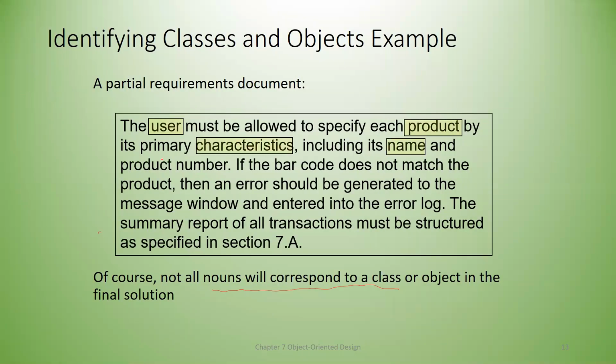Okay, I will let you tell me what should be a class. Let me ask you, think about user. Should user be a class? Yes, user should be a class because there are different users that have different levels of access. A user has to have a username.